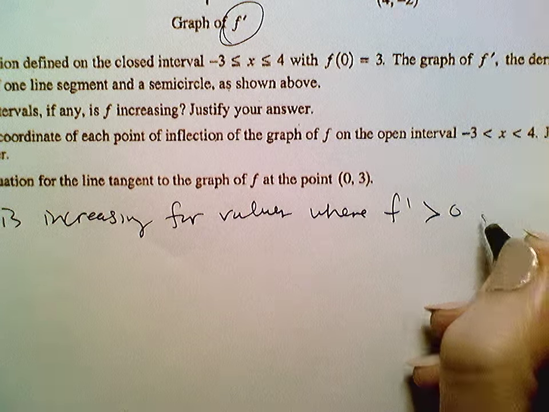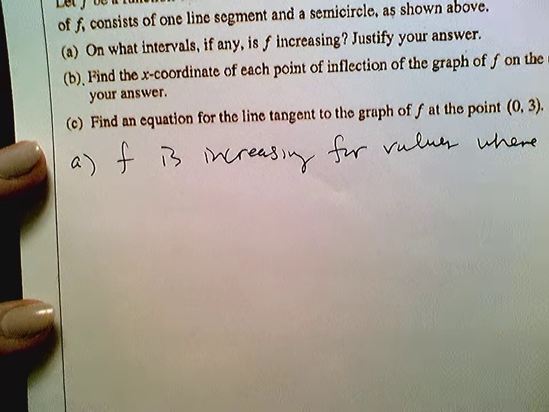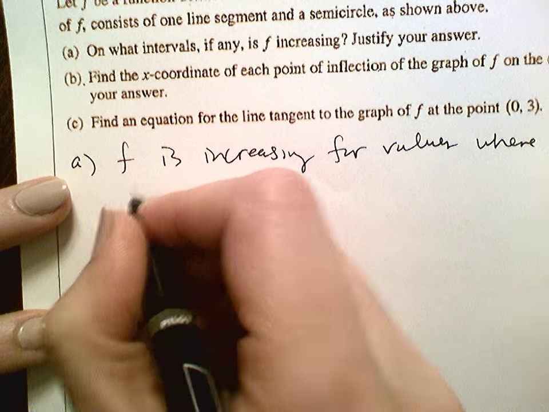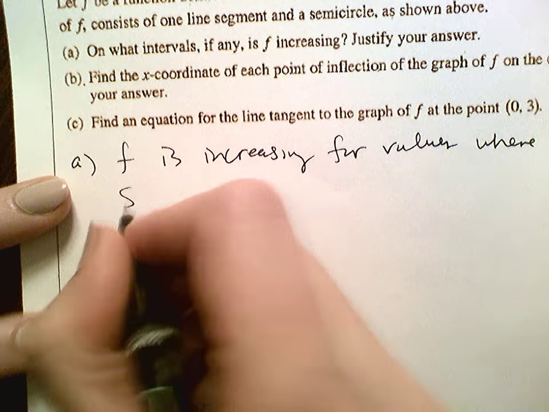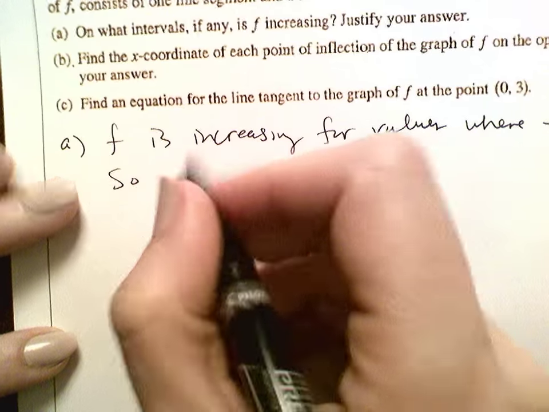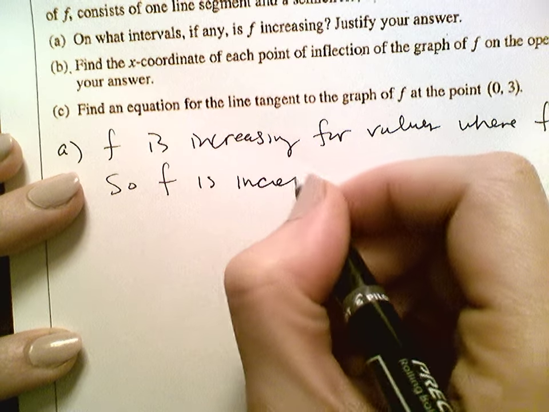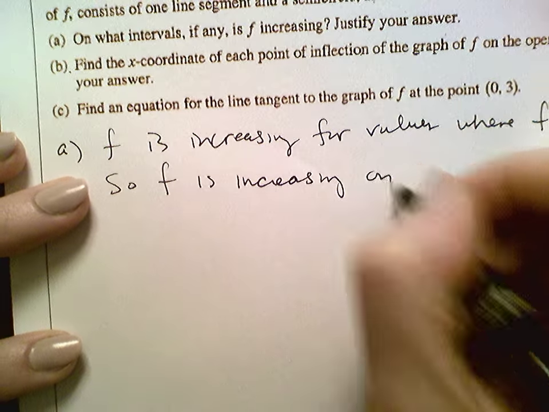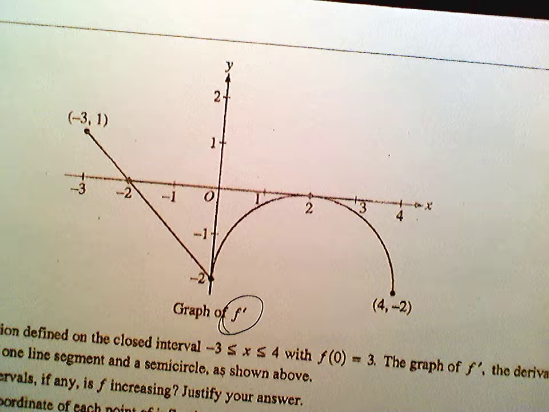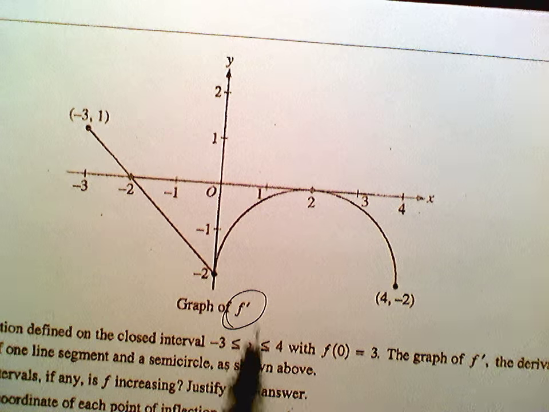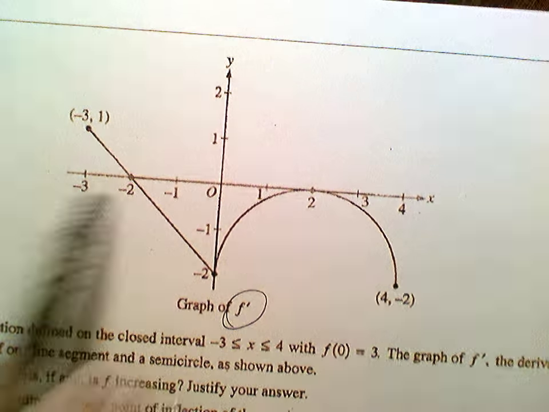Okay, so I'm being super thorough. So f is increasing on, we're looking for where f prime is positive. This is f prime. It's positive where it's above the x-axis, so right there.